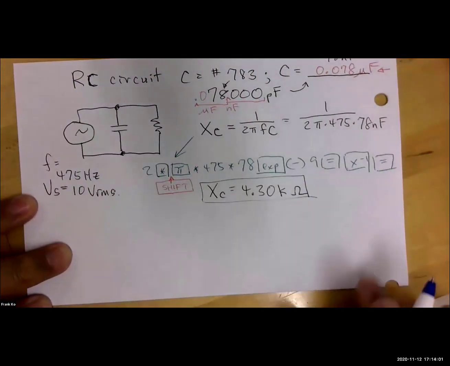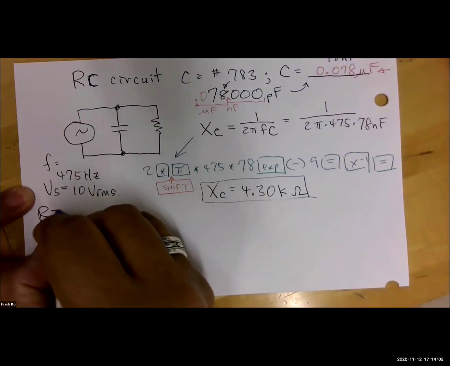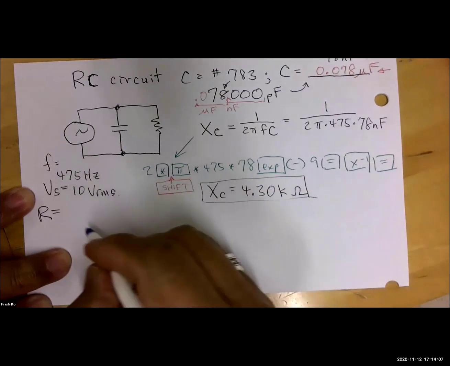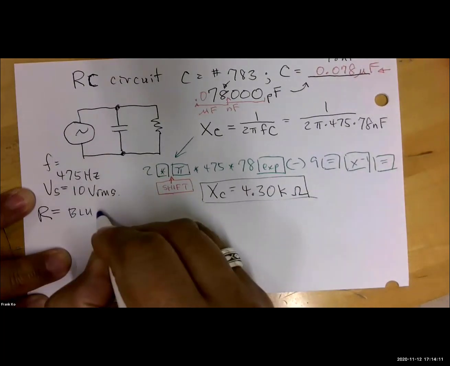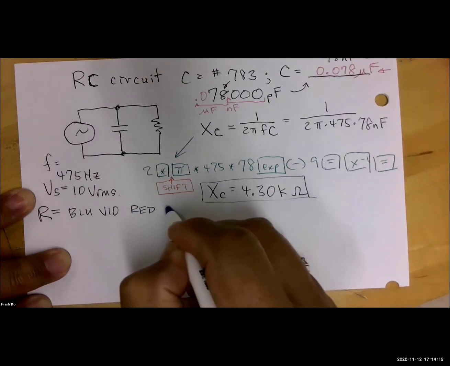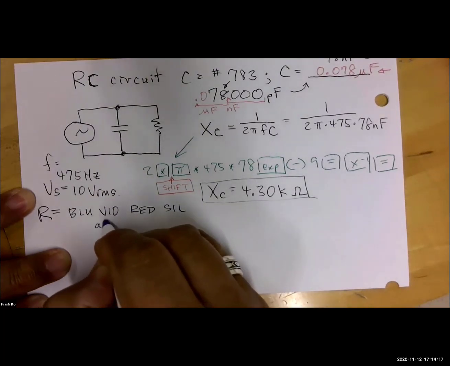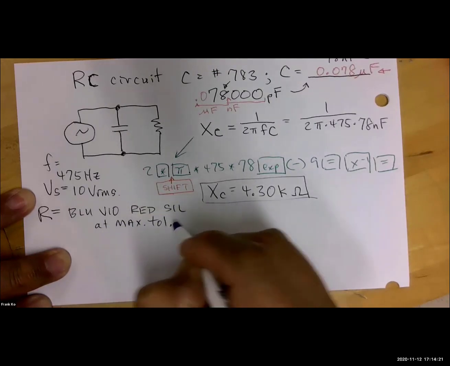Now, I'm going to give you an R. R is equal to blue, VIO, red, SIL, at max tolerance.